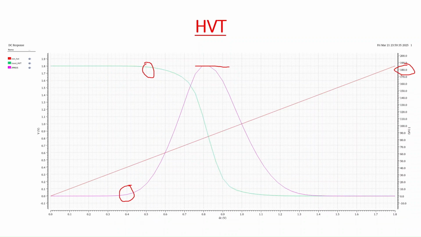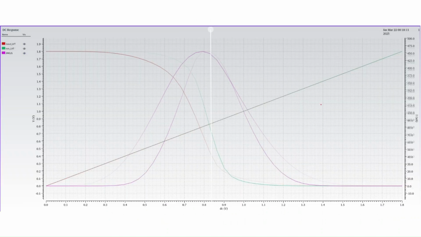Now we will try to merge these two plots in a single picture. With the help of software I have tried to merge these curves in a single image. You can see that this is the current curve for the low threshold voltage device, and this is the current curve for the high threshold voltage device.